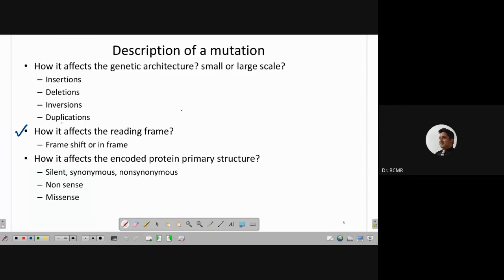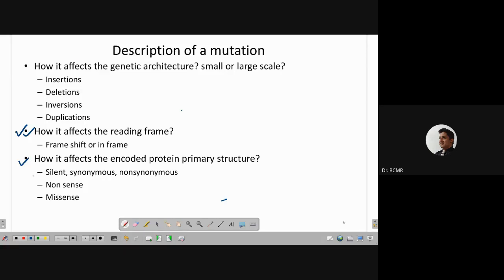We will discuss frame shift and in-frame mutations, and also how change affects the encoded protein primary structure.